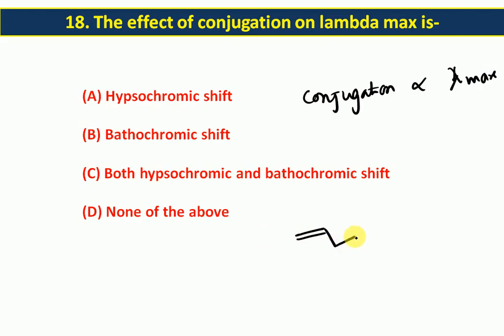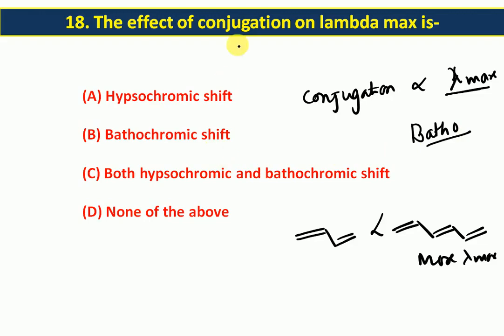If we take example of diene and triene, butadiene and hexatriene, the hexatriene will have more lambda max than butadiene. So conjugation increases the lambda max, and increase in lambda max means it will show bathochromic shift, that is red shift, and the option is B, bathochromic shift, for effect of conjugation on lambda max.